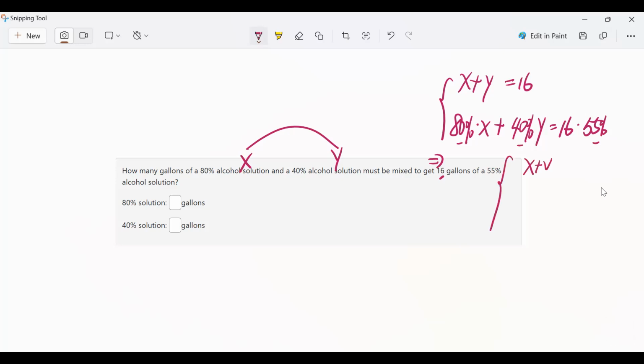So x plus y equals 16, carry over that. 80% becomes 0.8. 40% is 0.4. And 16 times 0.55, 55%. All right, and then I'll let you guys try this, right? Solve for this equation here. Solve for x and y. We're assuming x gallons of 80% solution, y gallons of 40% solution.